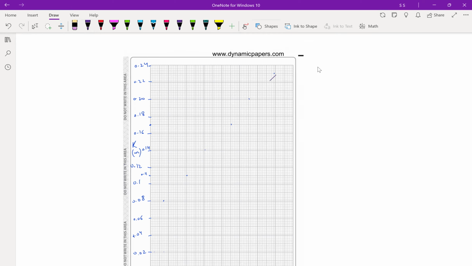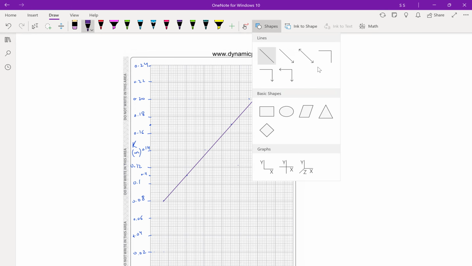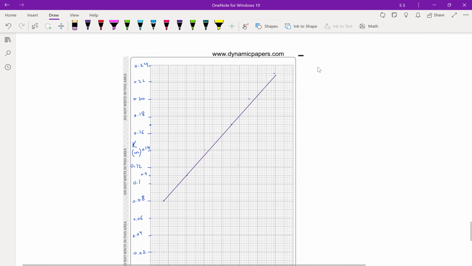To draw the line of best fit, let's draw a line that passes through most of the points. So I drew it like this. That's one way of drawing it. Now, sorry, my line of best fit will not look really great because I'm drawing on a screen. But I can try.